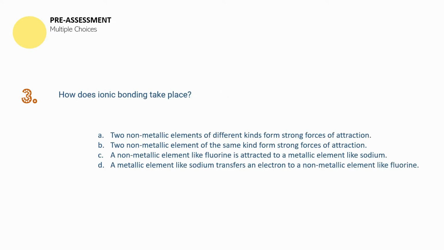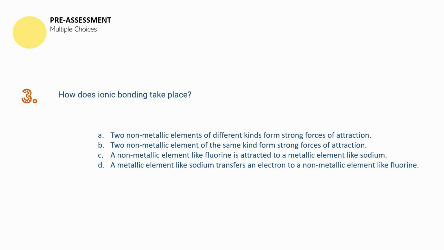Question number 3. How does ionic bonding take place? A, 2 nonmetallic elements of different kinds form strong forces of attraction. B, 2 nonmetallic elements of the same kind form strong forces of attraction. C, a nonmetallic element like fluorine is attracted to a metallic element like, say for instance, sodium.